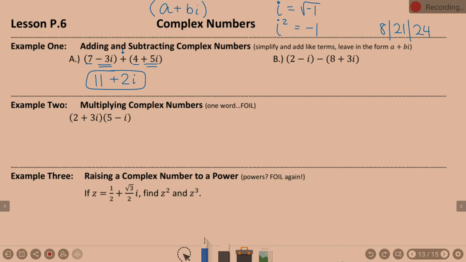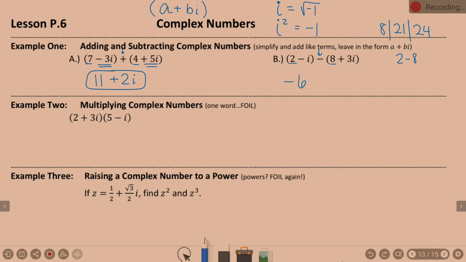B: 2 minus i minus 8 plus 3i. What are your thoughts on this one? Combine like terms. What are we doing first? 2 minus 8. Do note it is a minus sign, so you are doing 2 minus 8, which is -6.